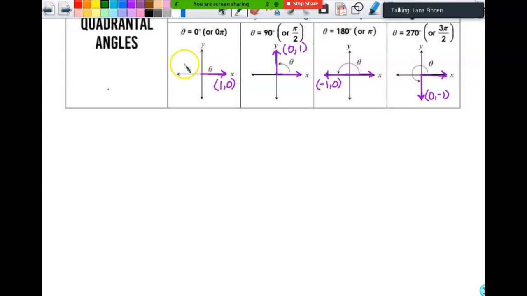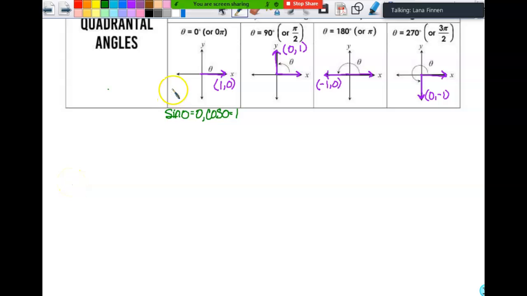But so from here, if I'm talking about 0, again, or 2 pi or whatever, and I want the sine of 0, what is the sine of 0? 0. It's the y value of that ordered pair. And then the cosine of 0 is what? 1.